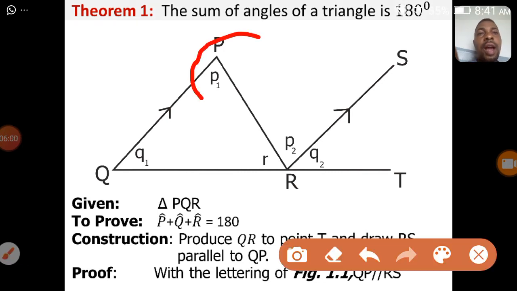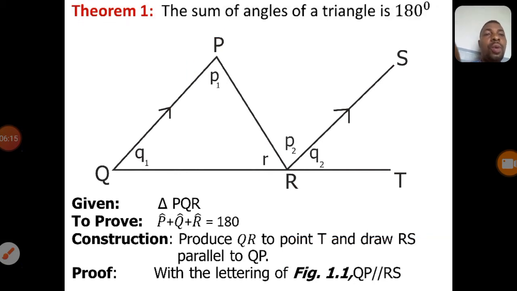This is the angle at P, this is the one at Q, and this is the angle at R. We want to prove that the angle at P, the one at Q, and the one at R will give us what? 180 degrees. Okay? So what do we do?